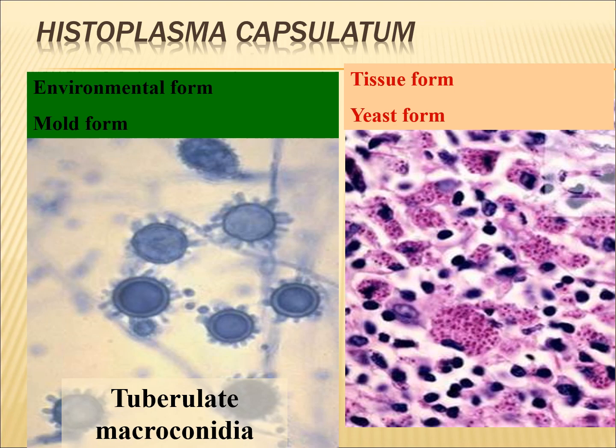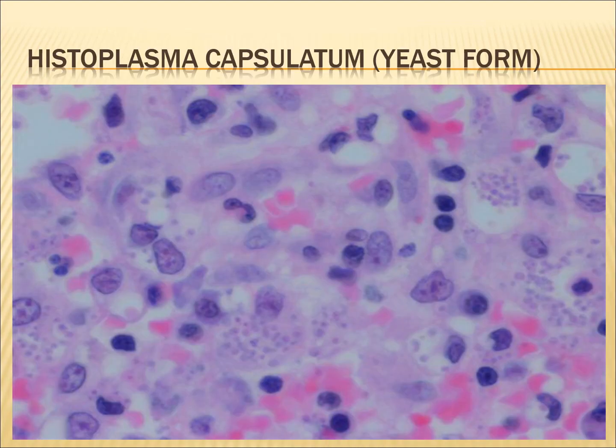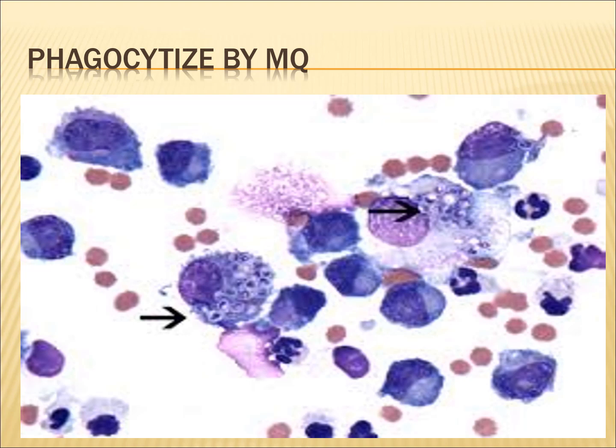The second form is the yeast form, the tissue form, inside the reticuloendothelial system, and it can be detected by periodic acid-Schiff stain. This other figure shows the yeast inside the tissue, and this one shows Histoplasma inside the macrophage.